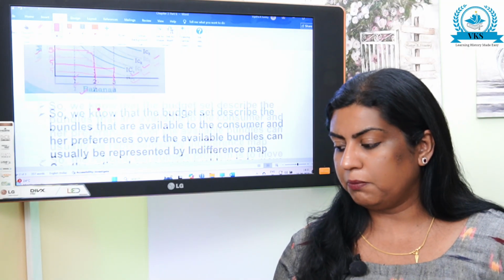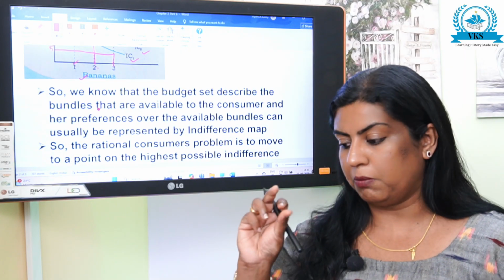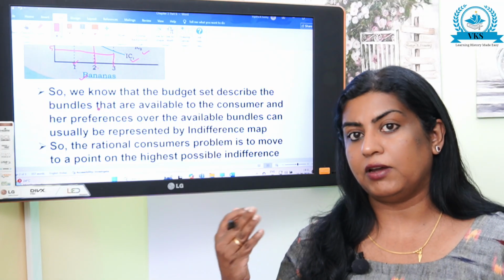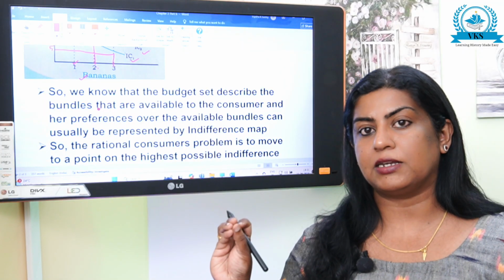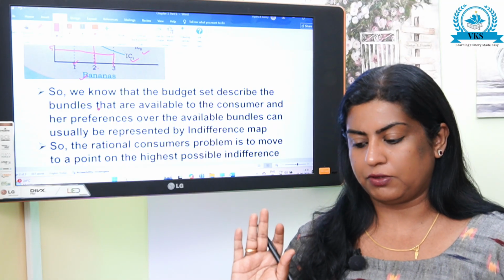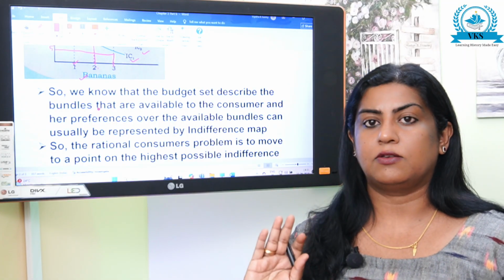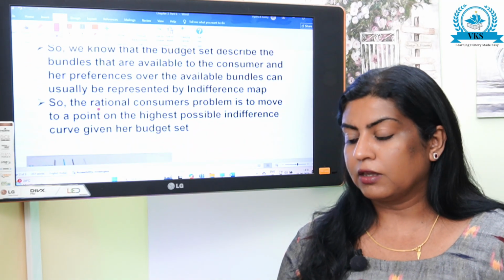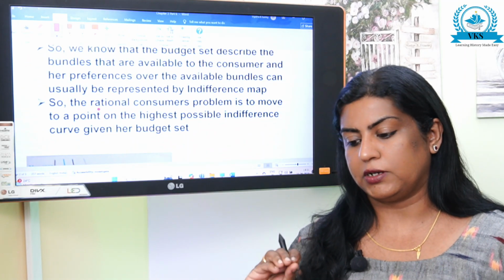So we know that the budget set describes the bundle that is available to the consumer, and a preference over the available bundle can usually be represented by an indifference map. So those two concepts are clear, I think. A rational consumer, an intelligent or rational consumer, will have a problem of choice.